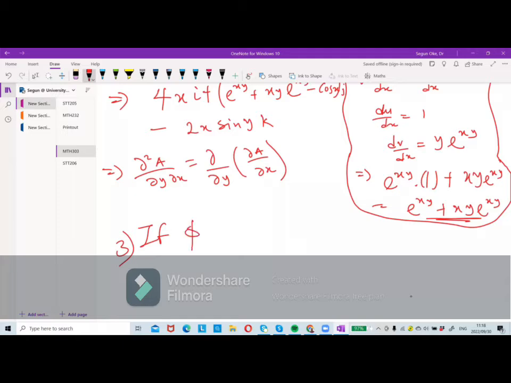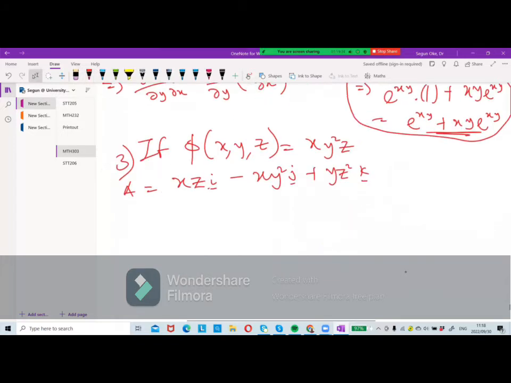If you have phi of x, y, z equal to x y squared z, and A is equal to xz i minus x squared y squared j plus y squared k, then find d cubed over dx squared dz of phi A at the point (2, -1, 1).